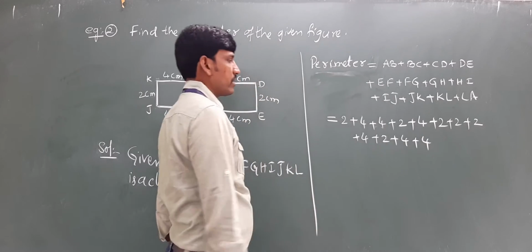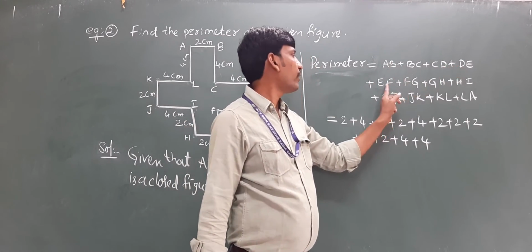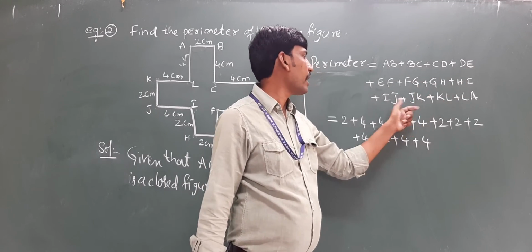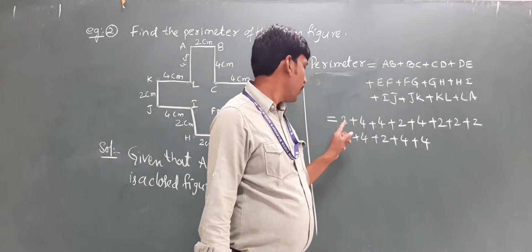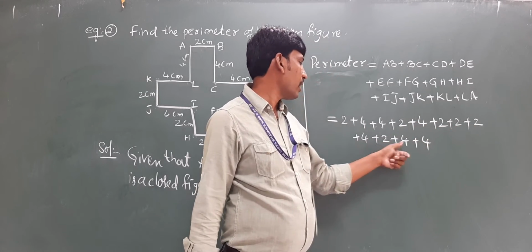Clear? Count once. How many sides are there? 1, 2, 3, 4, 5, 6, 7, 8, 9, 10, 11, 12.